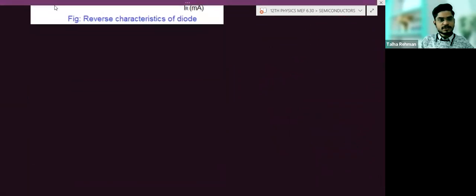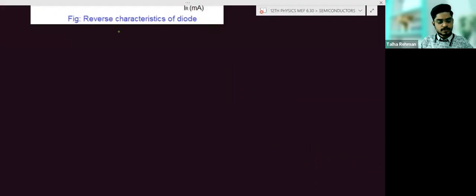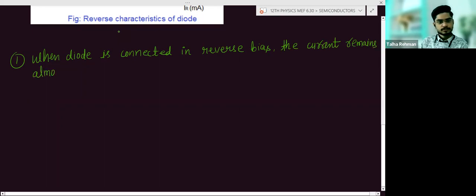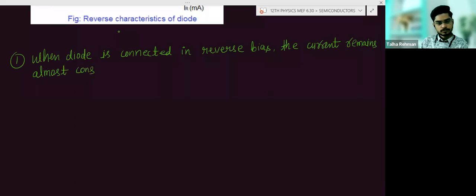So in this we can write, number 1: when the diode is connected in reverse bias, the current remains almost constant with biasing.